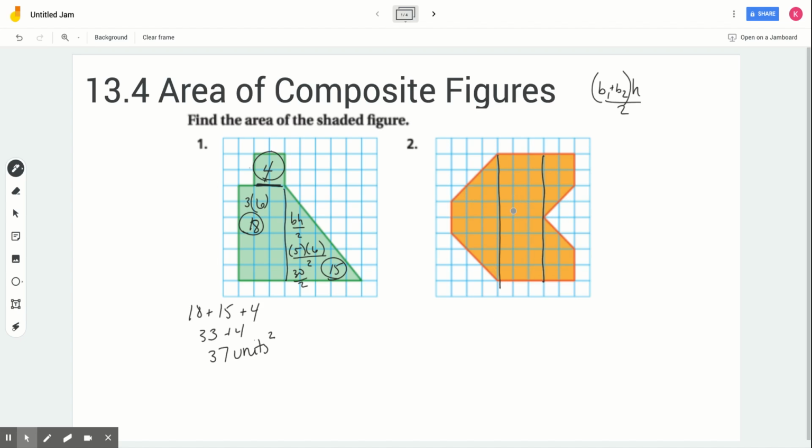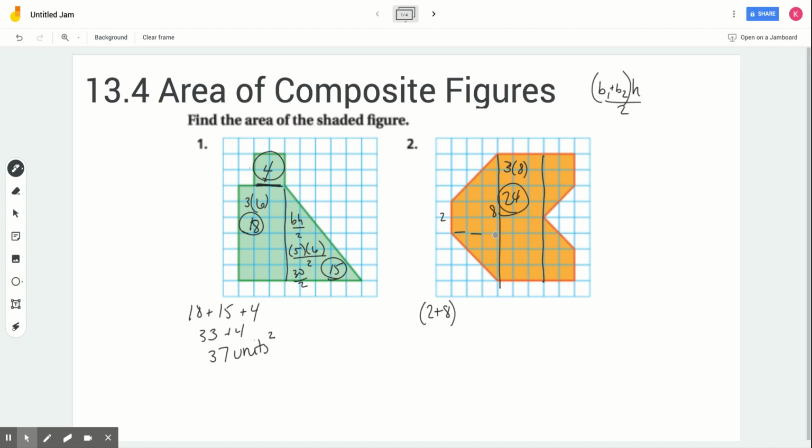So if I look here for my center rectangle, this is 3 by 1, 2, 3, 4, 5, 6, 7, 8. 3 by 8 is 24 units. For my large trapezoid on the left, I have a base of 2 and a base of 8. So I can start with 2 plus 8 times the height.